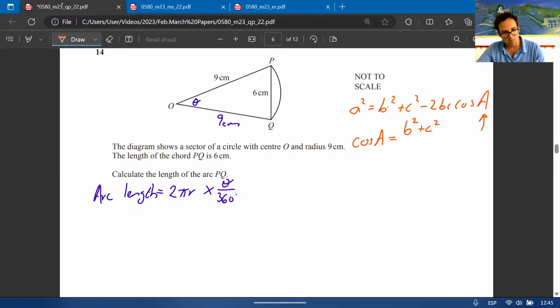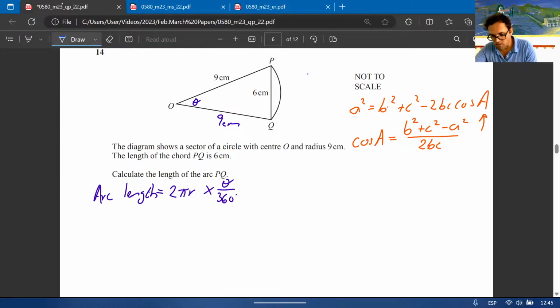Because we move the a squared over, it becomes minus a squared. And then we move the minus 2bc cos A to the other side. It will become positive, and then we divide by 2bc. All right. Or just memorize that formula. And that's the one I'm going to use to work out the angle we want.